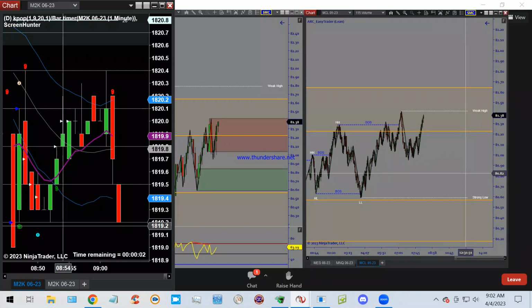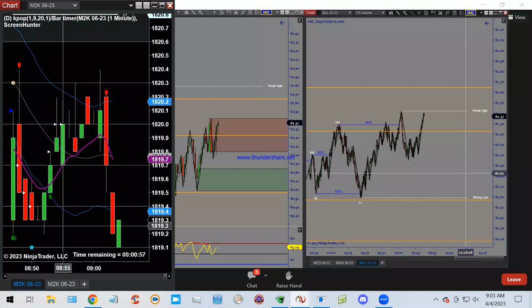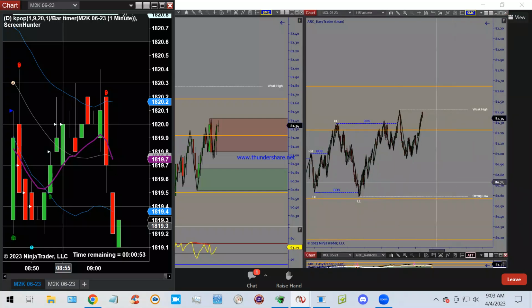A lot of supply, a lot of resistance at those highs. Let's let them break through first before we start looking to take any trades.